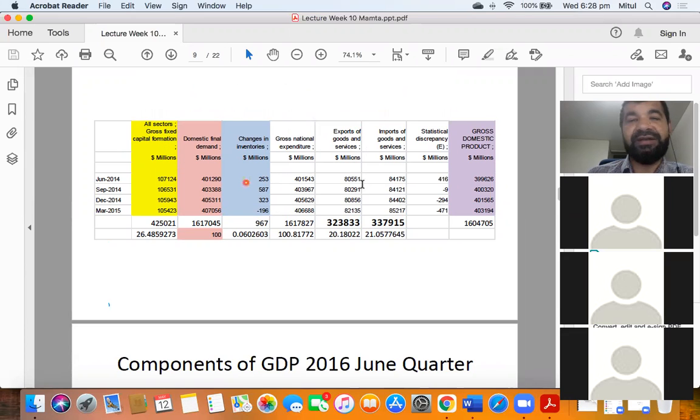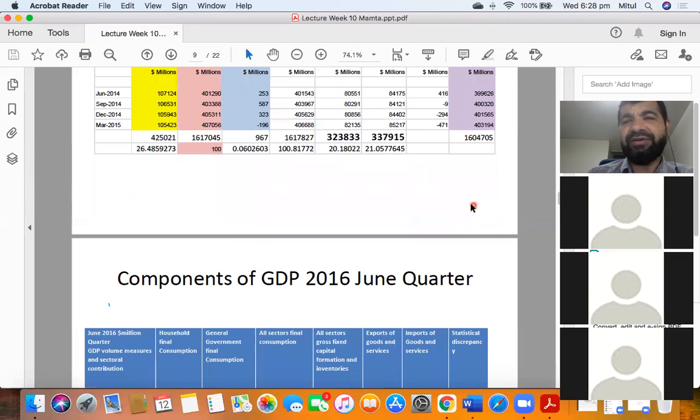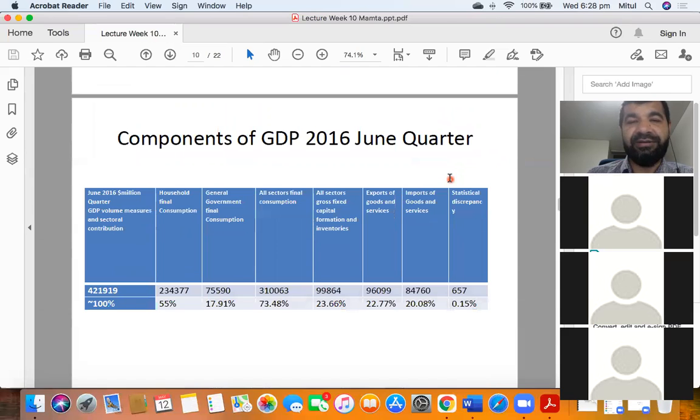Here they show gross domestic product: $399 billion, $403 billion. So it was increasing in 14, 15. Australia has 1.6 billion.